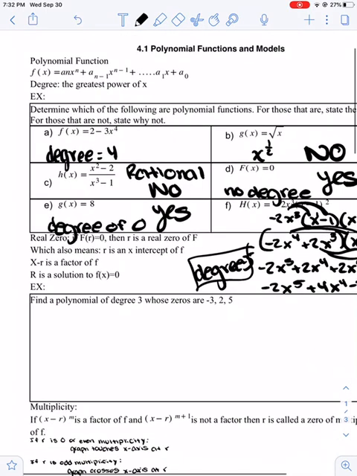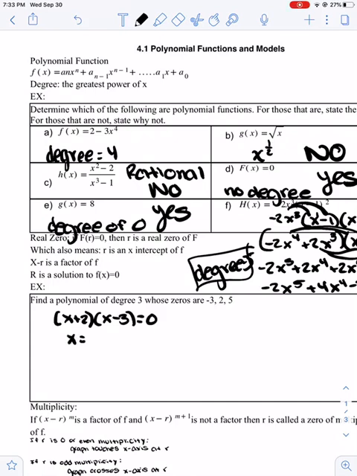All right. The next part, we're looking at the zeros of the function. And when you have x minus r equals 0, then you would have x equals r. So that's like when we're trying to find the x-intercepts of a quadratic, we end up having something like x plus 2 times x minus 3 equals 0.